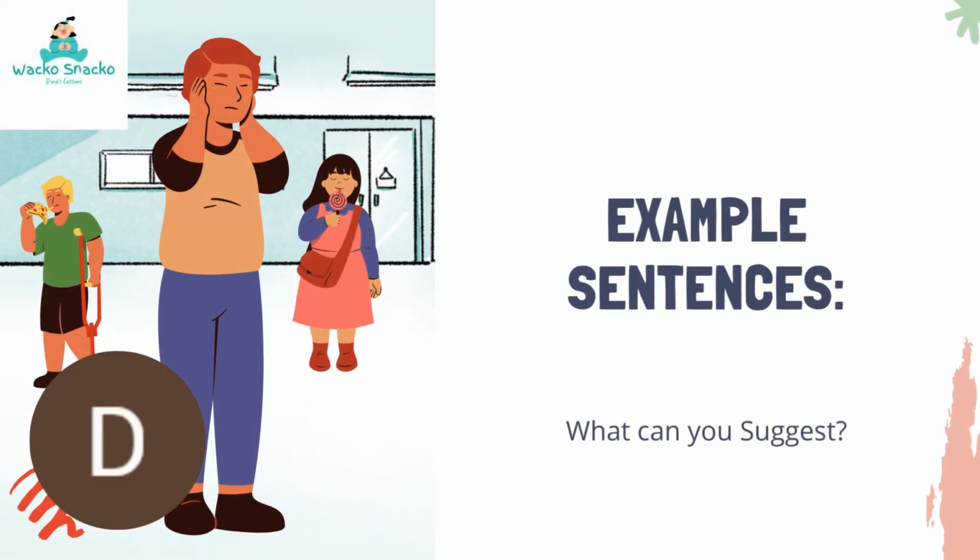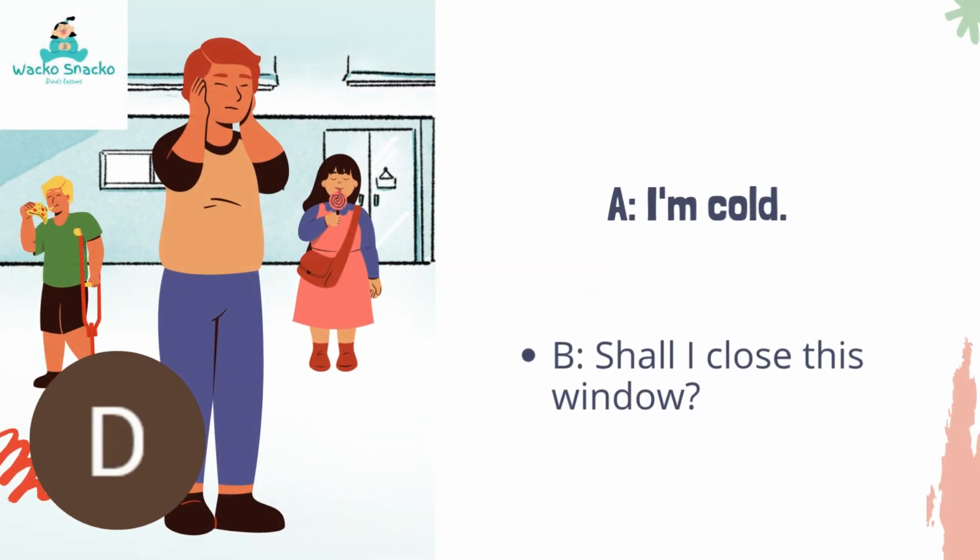Example sentences. Here you will say what you can suggest. "I am cold." If somebody says to you, "I'm cold," feeling a little bit cold, and the window is open, you would say, "Shall I close this window?"